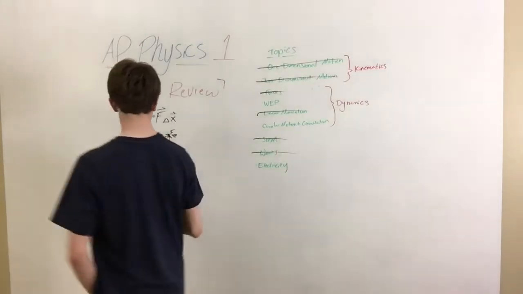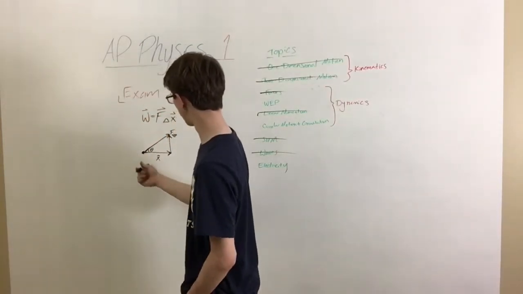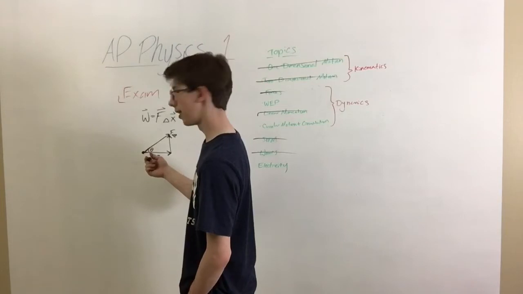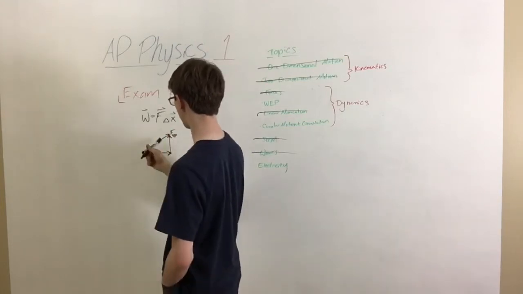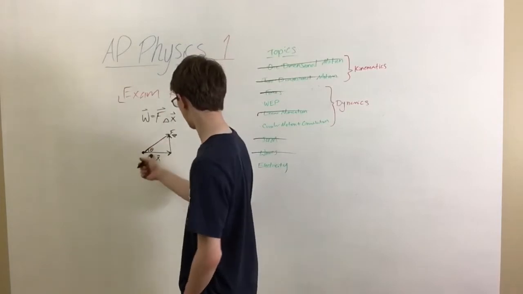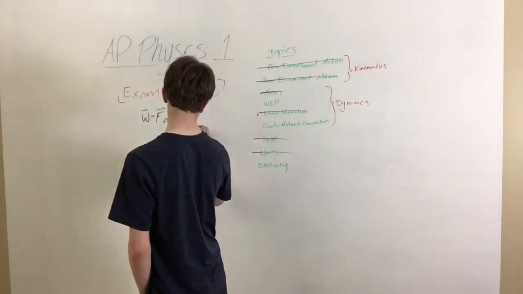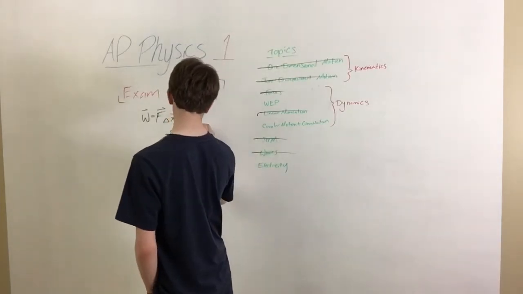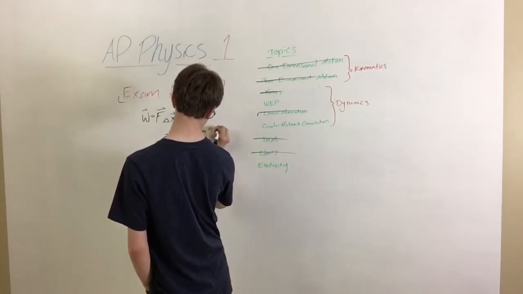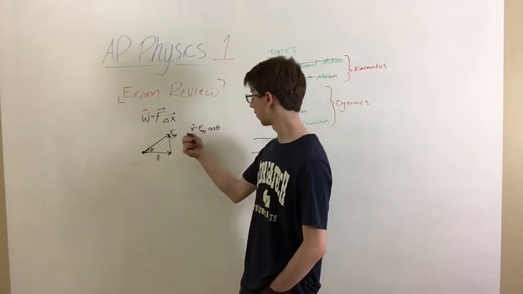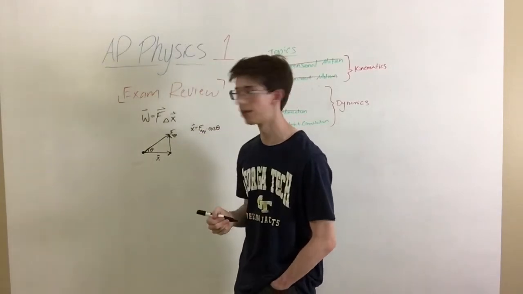Okay? So all we need to do to find x is just do F, the force applied, right, which is the hypotenuse. To find x, we would say x is equal to F applied times cosine theta.